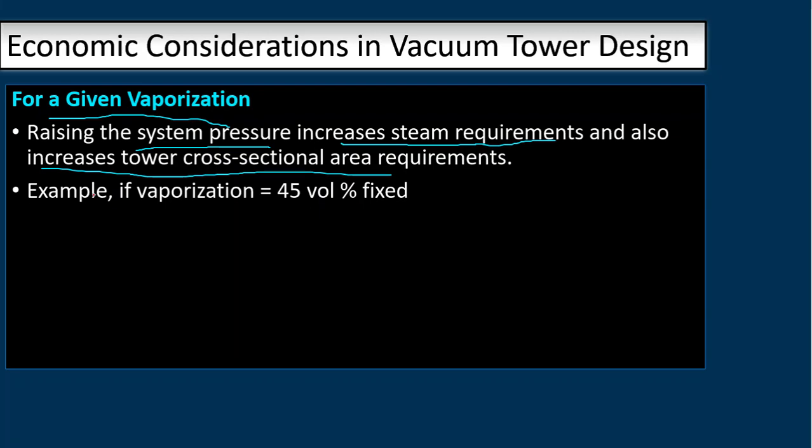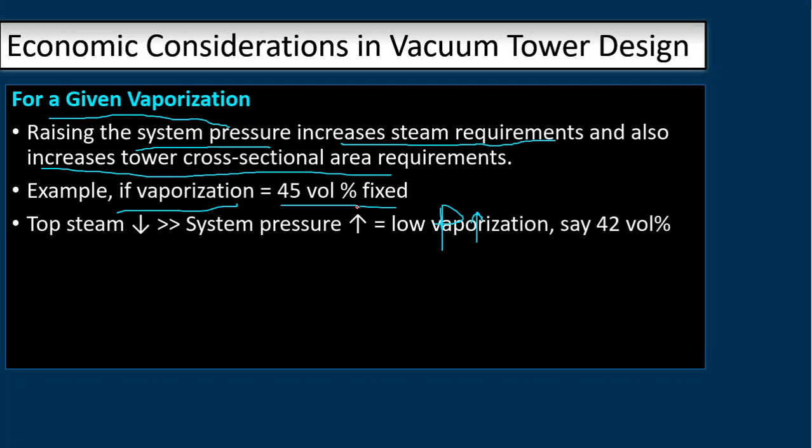For example, suppose we want to vaporize 45 volume percent of the feed in the column. For that we have to maintain that pressure and temperature. Now from the temperature and pressure point of view, what happens if the pressure increases? Then there will be a loss in the vaporization. So this 45 will be lower, for example 42 volume percent.